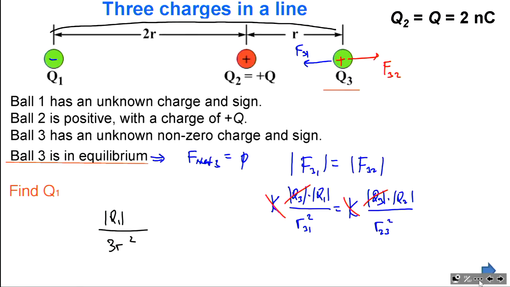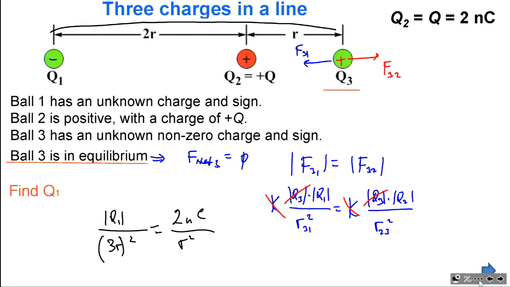Because I have to square the whole thing. It has to be equal to 2 nanocoulombs divided by the distance, which is now just r squared.